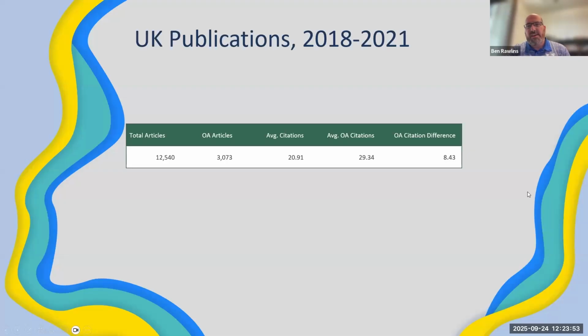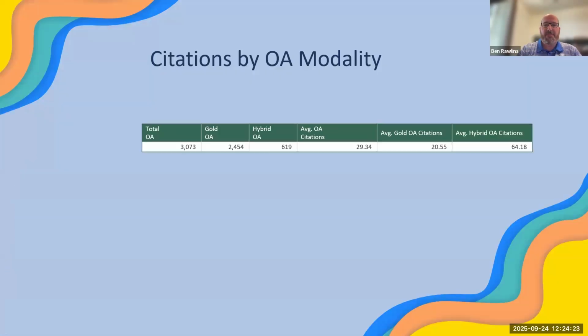We see that articles published in OA journals received a little over 29 citations per article. In comparison, the overall average for all articles for UK was just a little under 21. So that means open access articles saw an OACA of about 8.43, or if we want to put that another way, a 40% increase in citation impact compared to the overall average. Next slide, please.